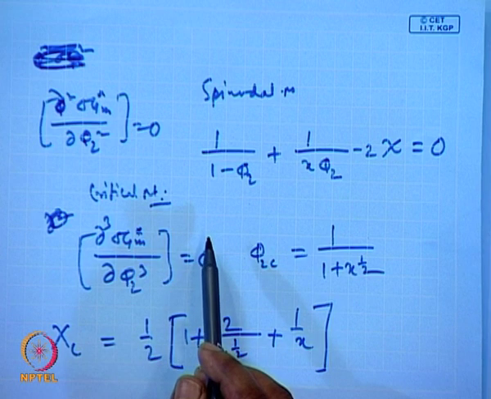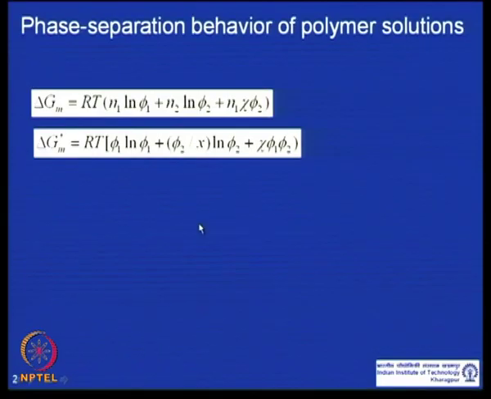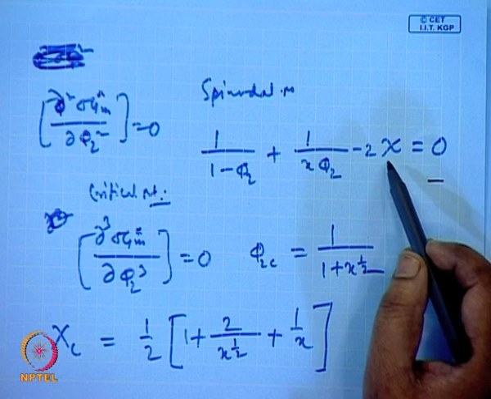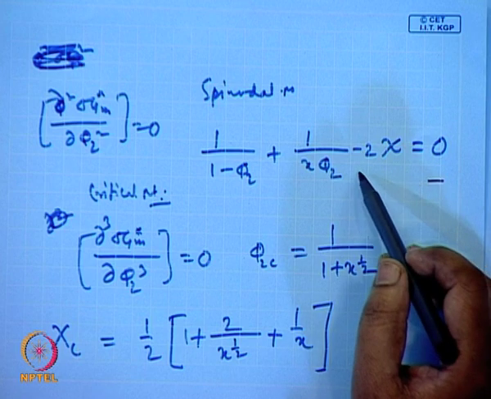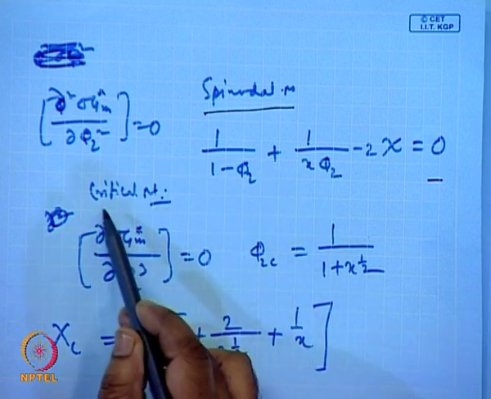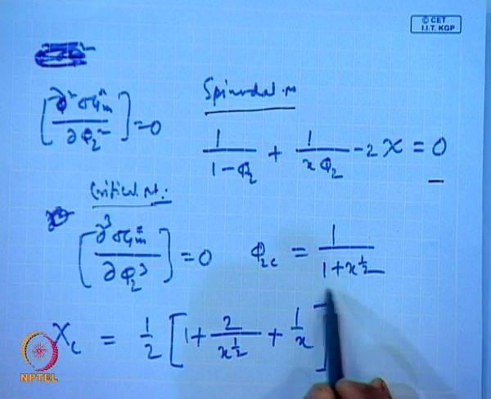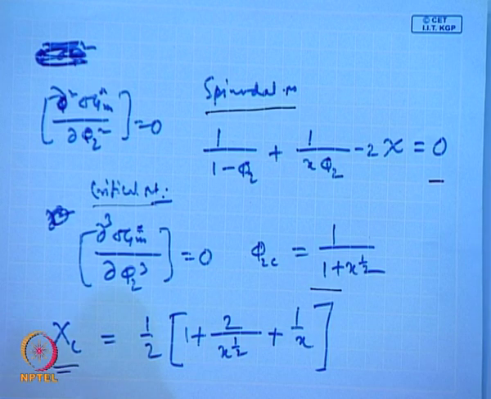If you use the formula for Gibbs free energy and differentiate with phi 2, you will get these expressions. Now, if you know the dependence of chi on temperature, then you can find the spinodal points, and the critical point is given by this expression. If you combine these two, you can get the critical polymer-solvent interaction parameter by this expression.